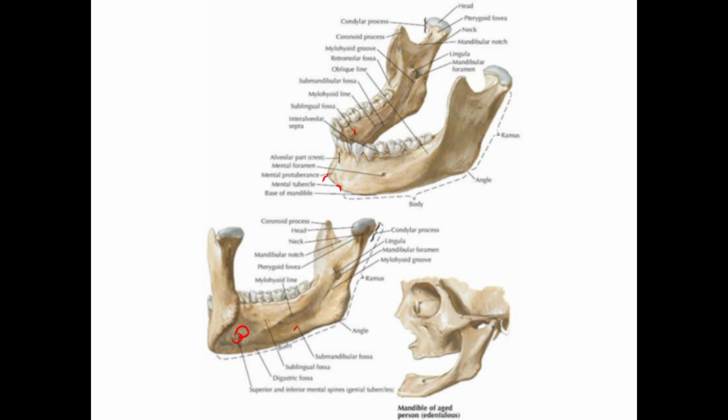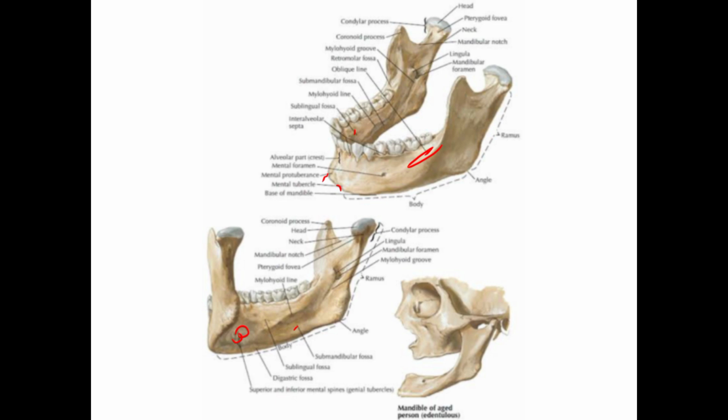Then you have depressor labii inferioris and depressor anguli oris, which originate also from the oblique line but below the mental foramen.